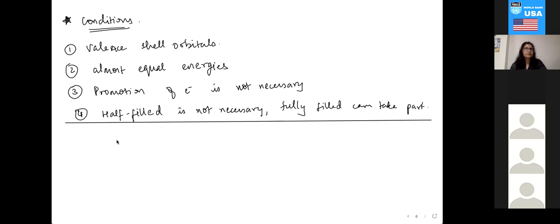Fully filled, in the sense we're talking about the valence shell orbitals only. If you have a configuration where Px is fully filled but Py, Pz are half filled, it's not necessary that this has to sit out. All three orbitals can take part. That's what the fourth part means.